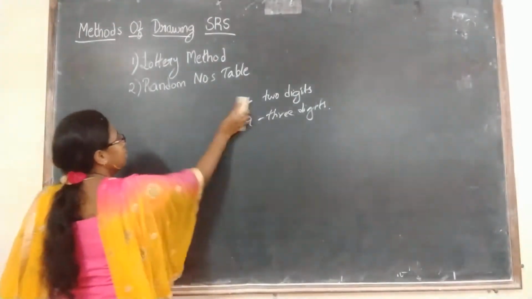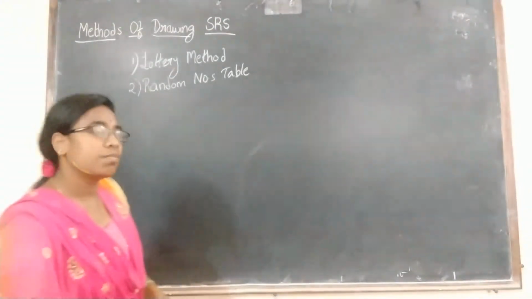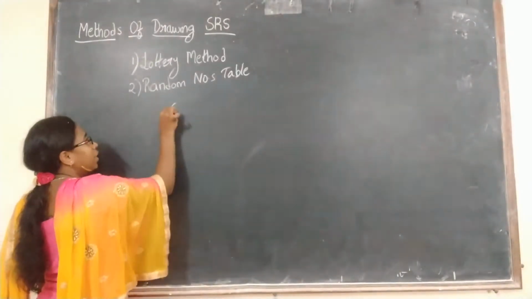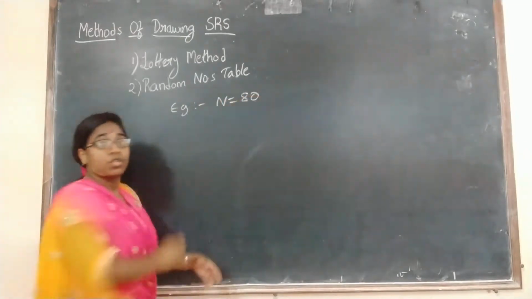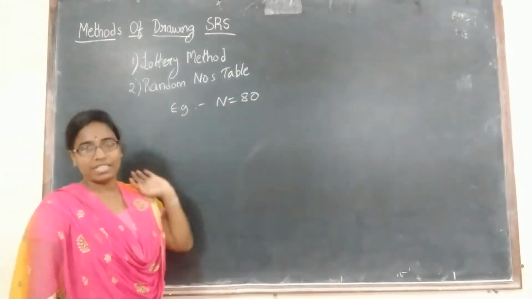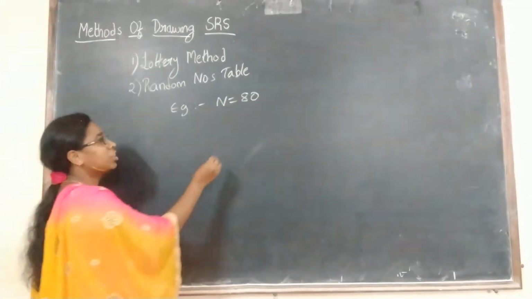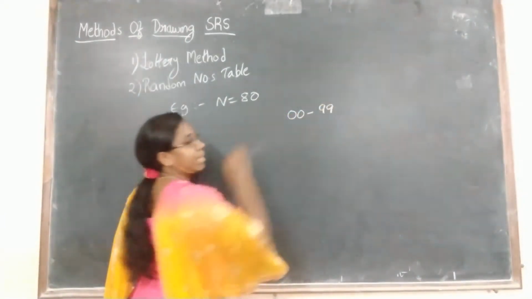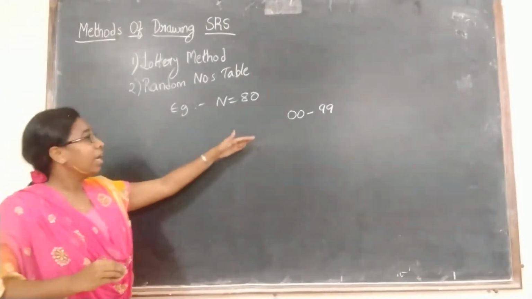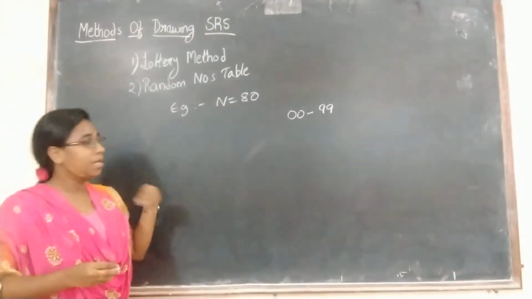For example, suppose I am considering a population of size 80. That means I have to check the table of 2 digits, that is 00 to 99. So I will select that table and draw from it.